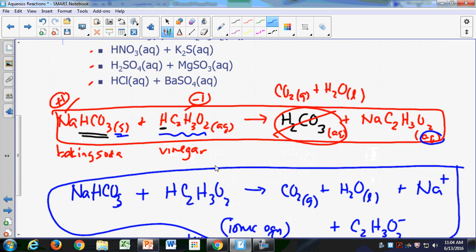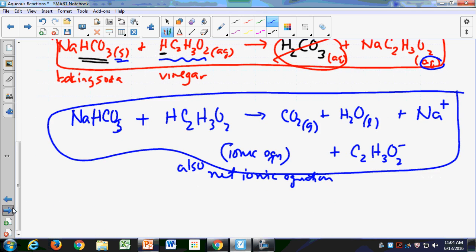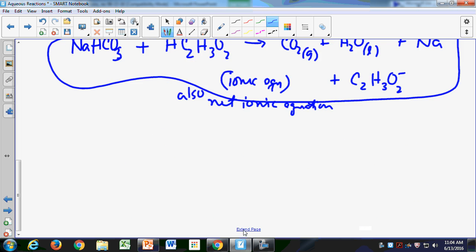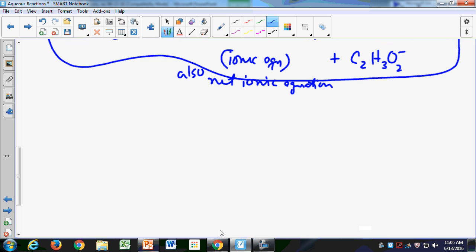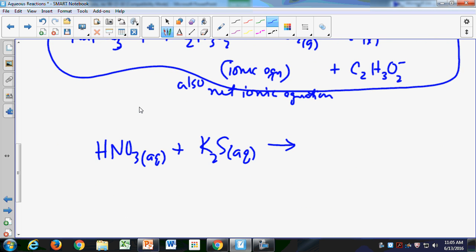Okay, let's look at HNO3 plus K2S. HNO3 aqueous plus potassium sulfide aqueous. The H plus from the acid combines with the negative ion from the salt and gives you H2S. Why H2S?